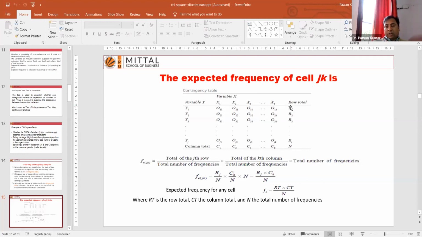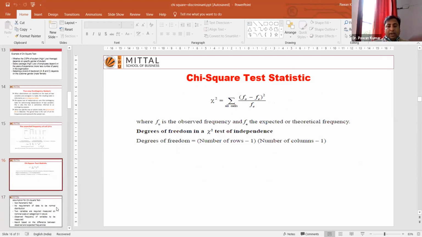I am putting the cursor here so that you can see the first row total, into a column total, divided by the grand total. So this is a formula which we can apply in order to compute the value of chi-square.